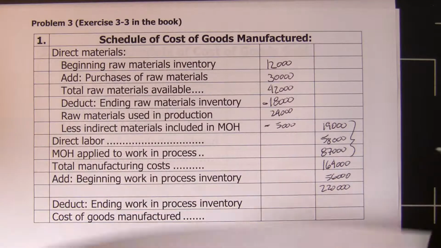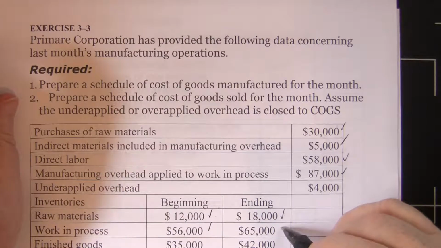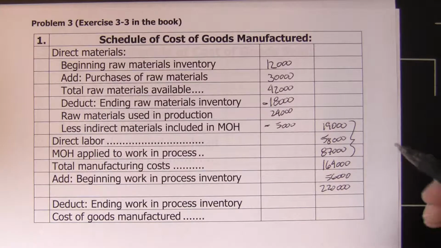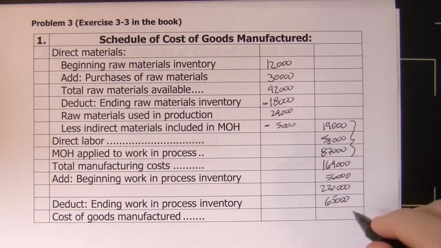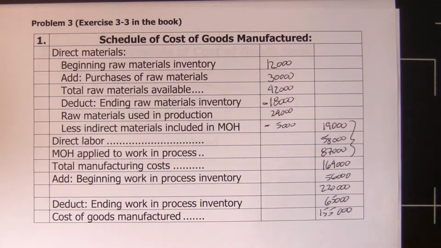Then we subtract the ending work in process, which they gave us. Ending work in process, $65,000. We subtract the $65,000. And the cost of goods manufactured this period is $155,000.